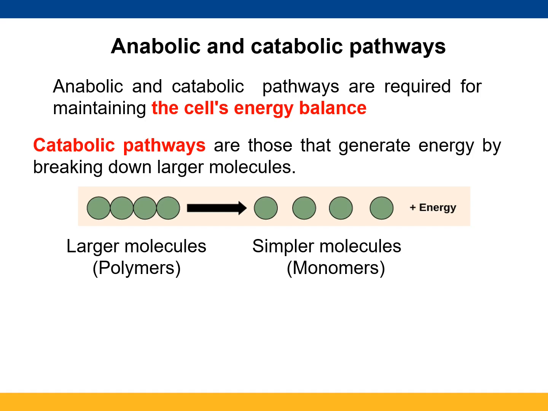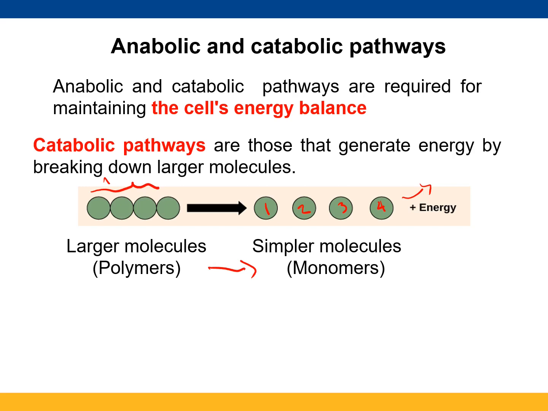Now we're going to talk about catabolic pathways, and in this case, we go in the opposite direction. Here you have one large molecule. Here you have 1, 2, 3, and 4 simple molecules, and you will release energy. So you go from a polymer to monomers.